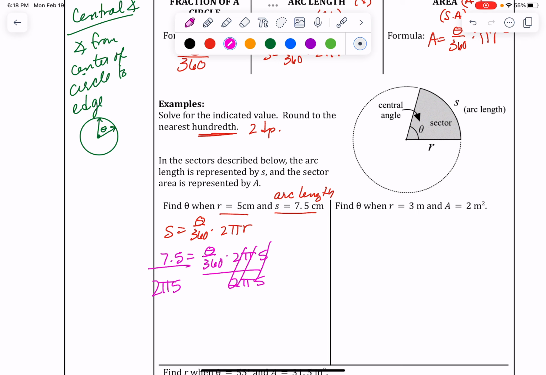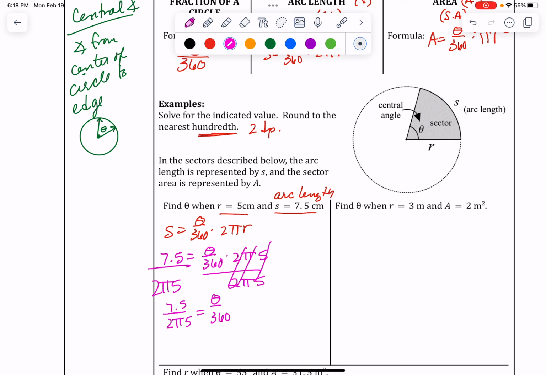So that I have 7.5 divided by 2 pi 5 equals theta over 360.